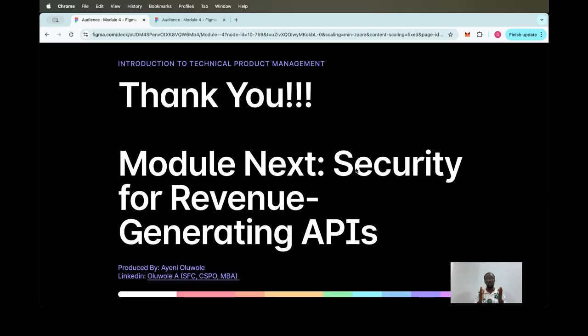For you as a TPM, your understanding of system design helps you ensure that you build a solution or platform that is reliable, that can stand the test of time, that is available, that can respond to customers in milliseconds, and that can handle a significant amount of traffic and respond in near real time. So for you as a TPM, system design is a decision trade-off.